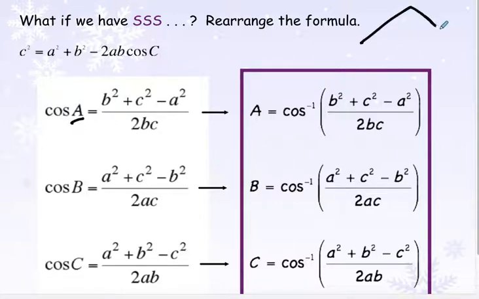So if I am trying to solve for angle A, I would need the two sides surrounding my angle, so the b squared plus the c squared, minus the side across from my angle. So the side across from the angle that you're trying to find, that's the one that's being subtracted and squared.